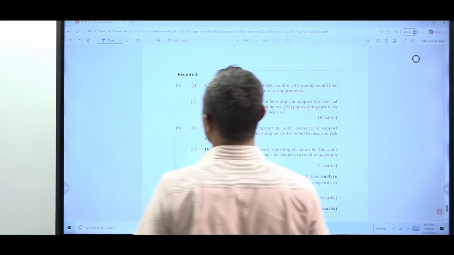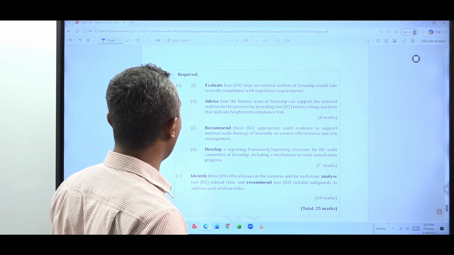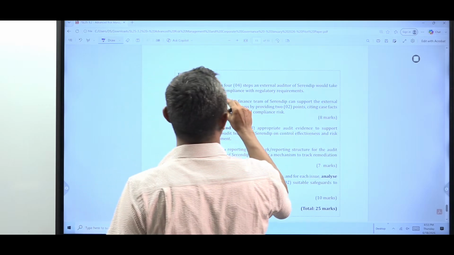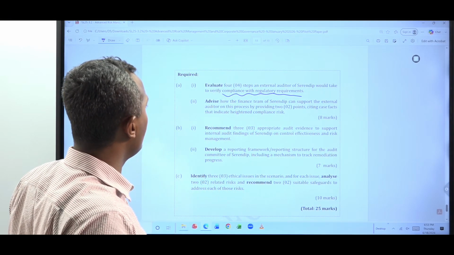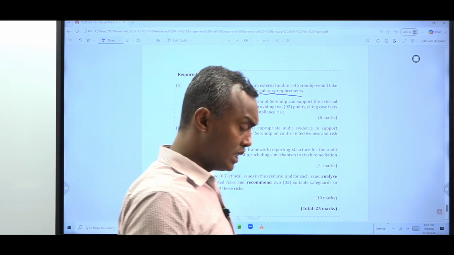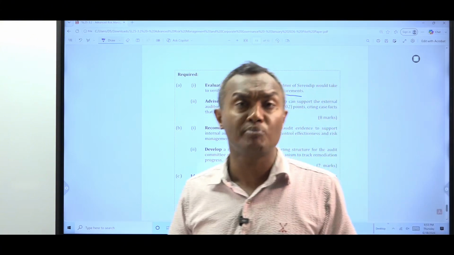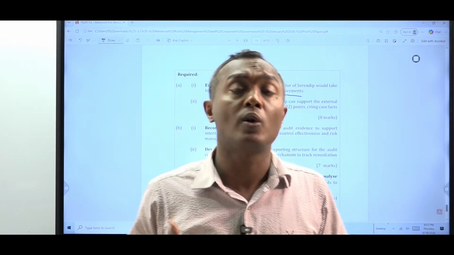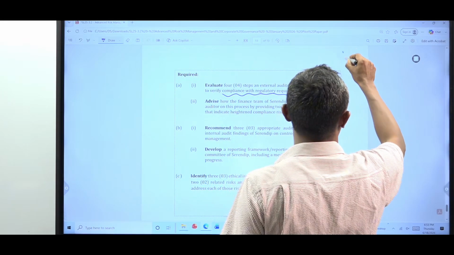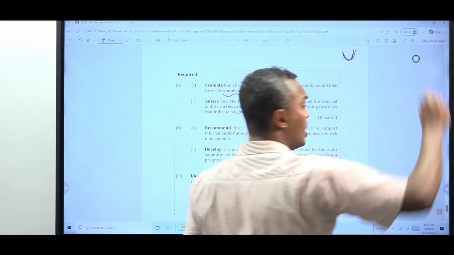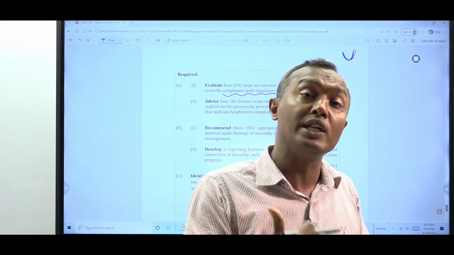Okay, the question is evaluate 4 steps that an external auditor of Serendip would take to comply with laws and regulation. 4 steps external auditor will take. Now, when you go through external auditing standard, right now, this is not auditing paper, but logically speaking, if external auditor wants to identify laws and regulation, the first step is external auditor should understand what are the laws and regulations that are applicable to this particular industry.